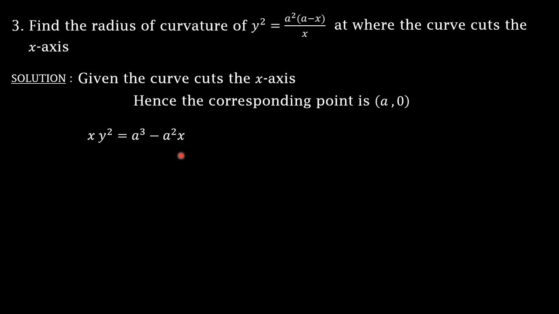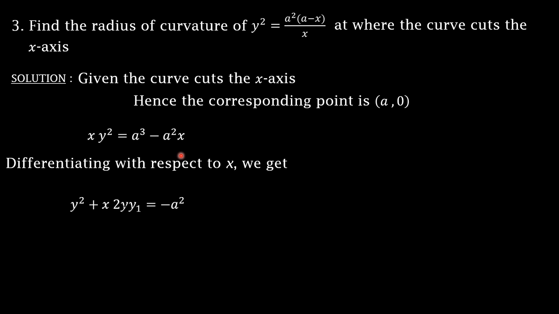Now differentiating the given curve with respect to x, so that the equation reduces to the form: differentiation of x with respect to x, that is 1, into y square, plus x into differentiation of y square. What is the derivative of y square?